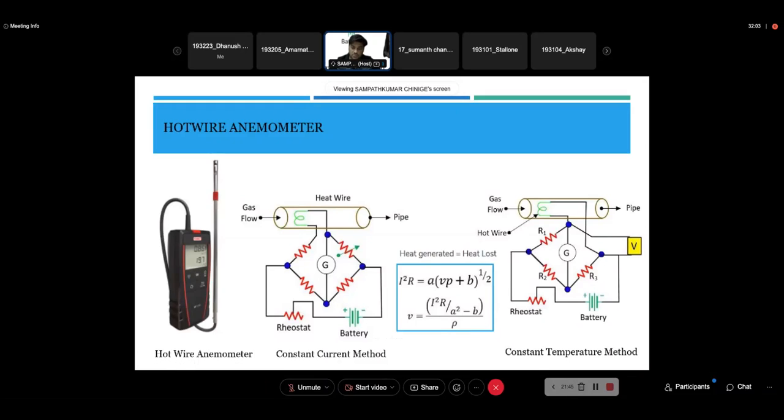Now this particular phenomenon is what we are trying to do. You are trying to assume the A and B values. How do you get the A and B values? Whatever calibration curve that you get, if you write it in the form of an equation, then you will be able to find out A and B. If you write it like y equals mx plus c, a linear profile, you may not be able to get directly this.